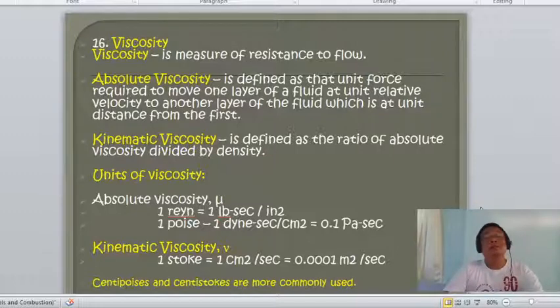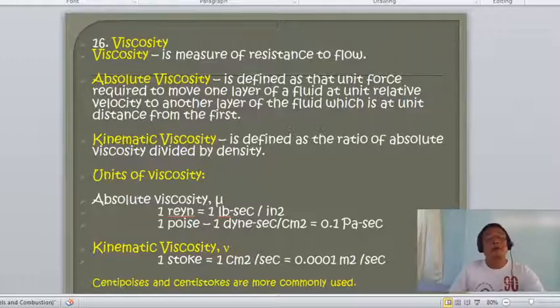As I have said, the oil moving at the surface is slower as compared to the oil flowing at the center of the pipe.